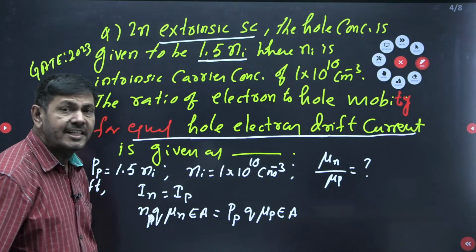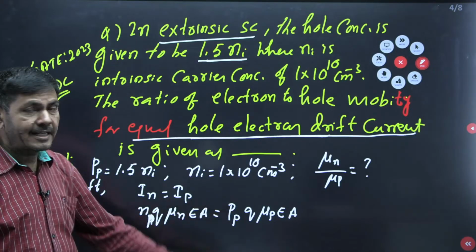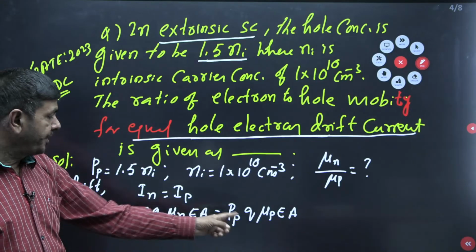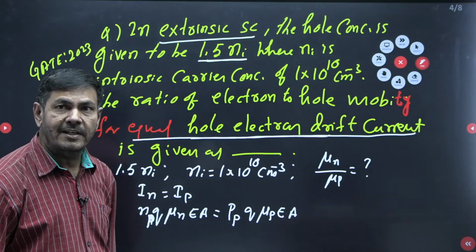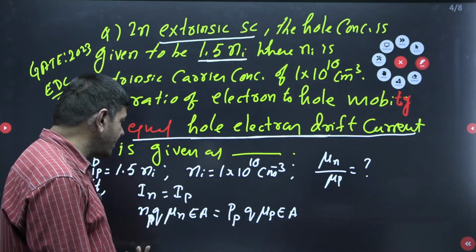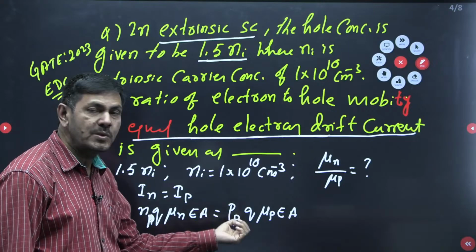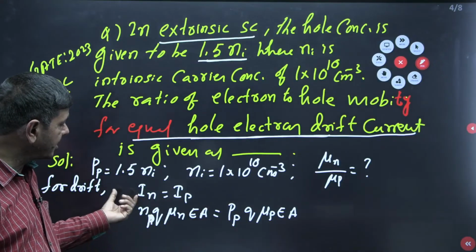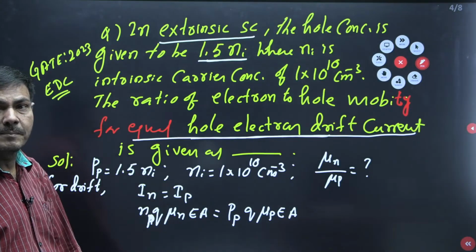A is the area of cross section, E is the electric field intensity, mu_p and mu_n are the mobility of holes and electrons, Q is the charge, p_p is the concentration of holes in the p-type, and n_p is the concentration of electrons in the p-type semiconductor.